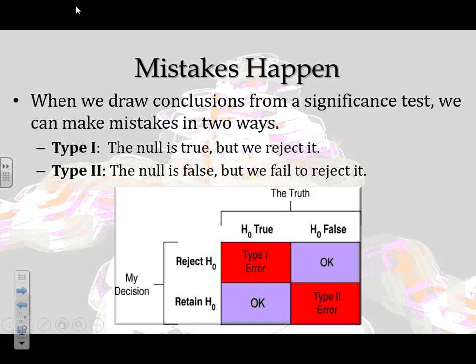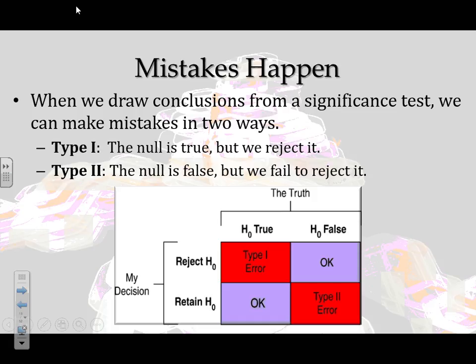On the flip side, though, if the null is true, and we fail to reject it, we've made the correct decision. So it was true, we didn't reject it, so we're okay. If the null was false, though, and we fail to reject it, then we've committed a type 2 error.